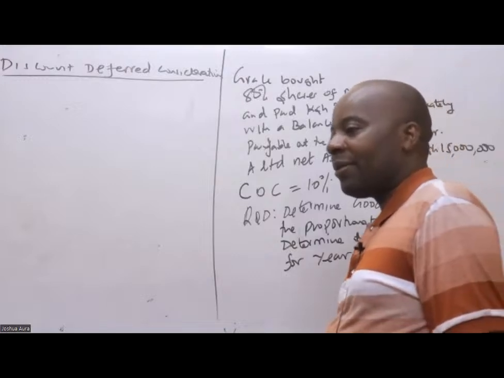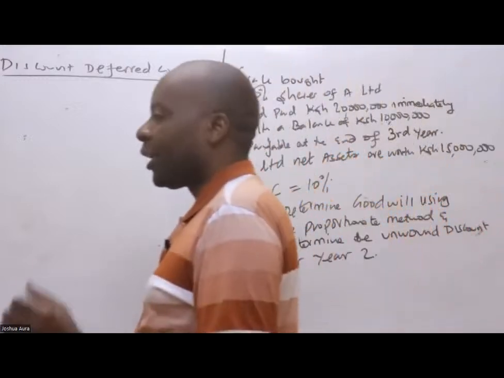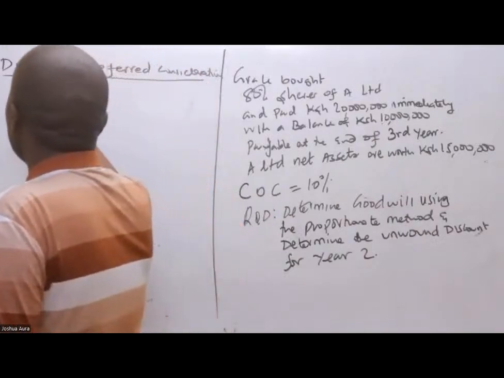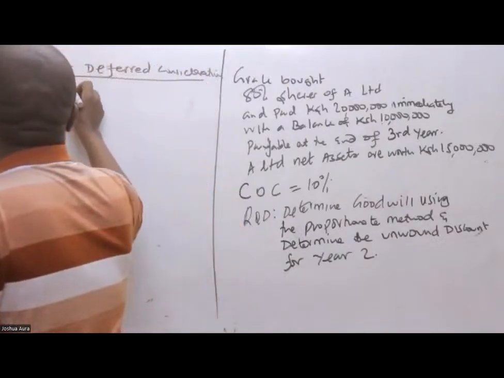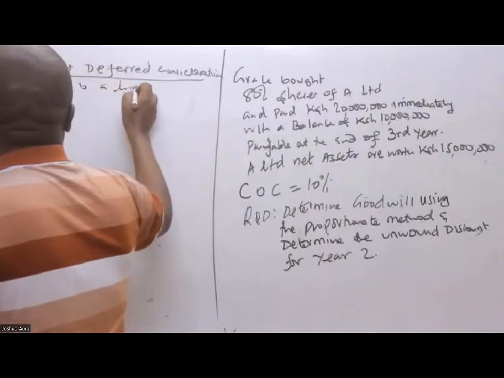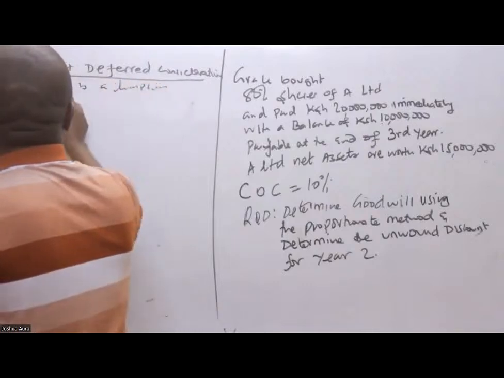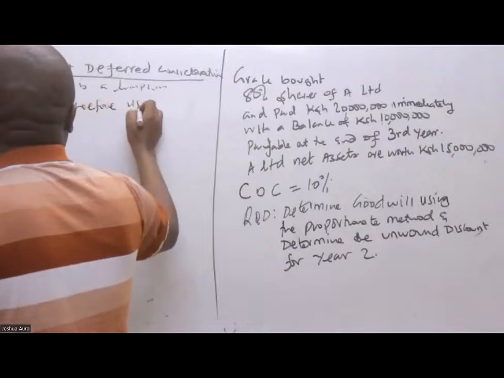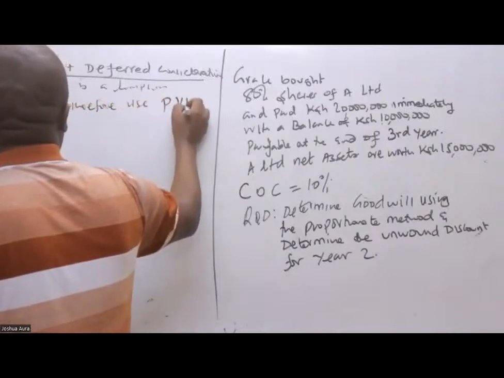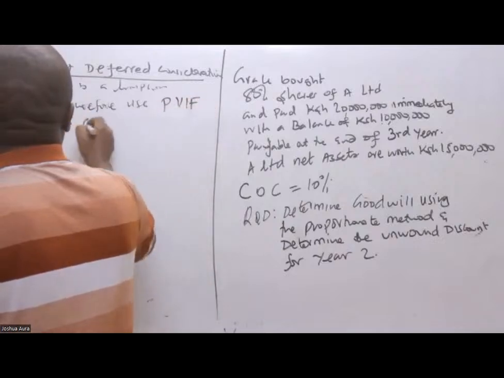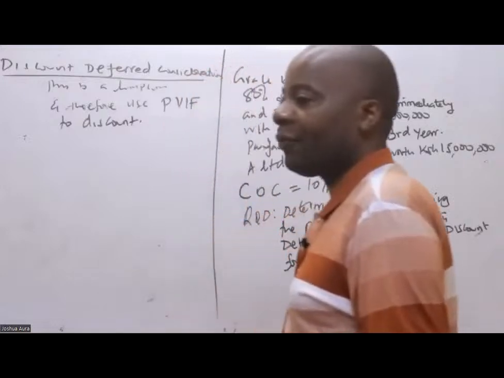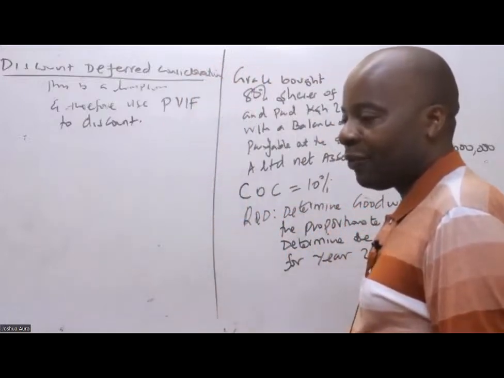If it's a lump sum, one-off amount, it will be categorized under what we call irregular, so this is a lump sum and therefore we shall use PVIF to discount.